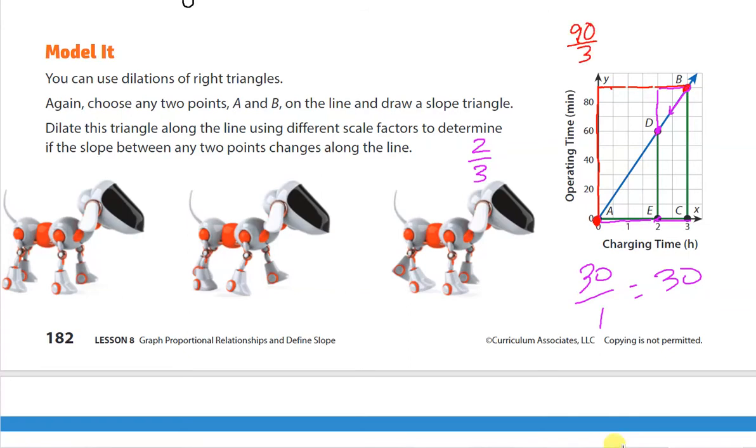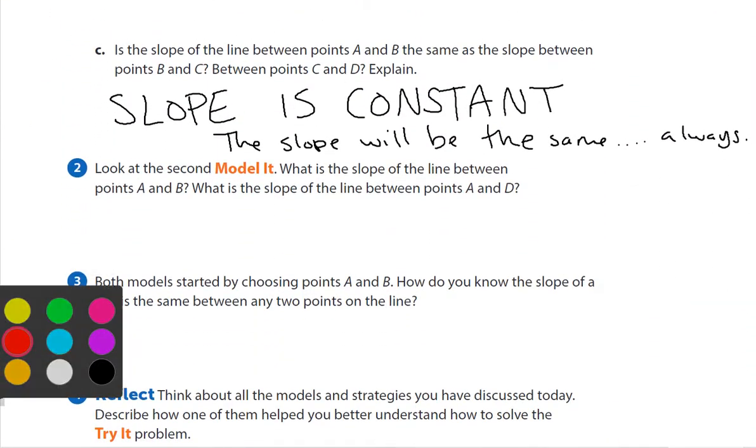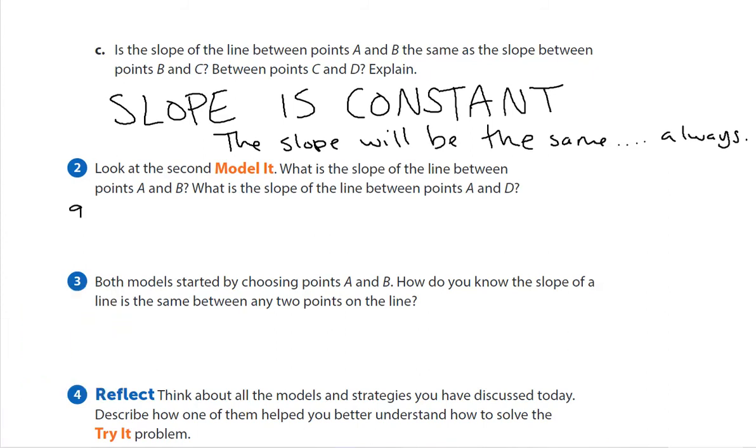That's from A to B. Okay, so we have between different points. We've got 90 over 3, which is the same thing as 60 over 2, which is the same thing as 30 over 1, which is the same thing as just 30. It's not changing no matter where we go or what we do. It will find us. So let's say it one more time. Let's do it in cursive this time.